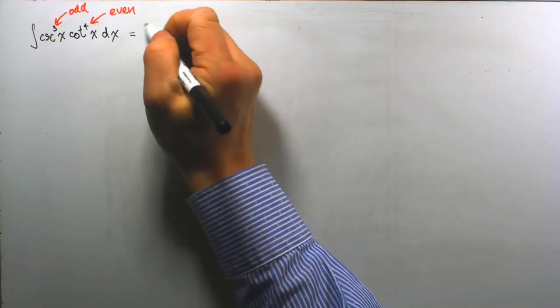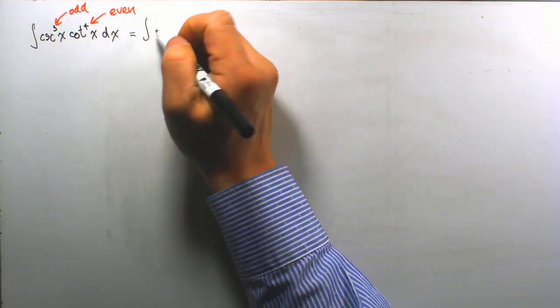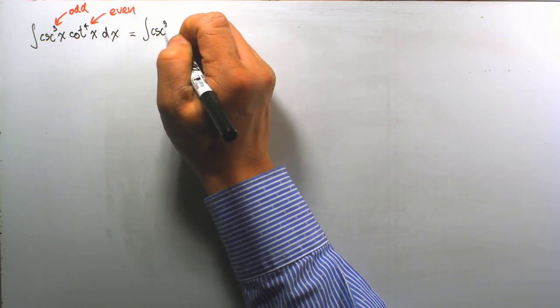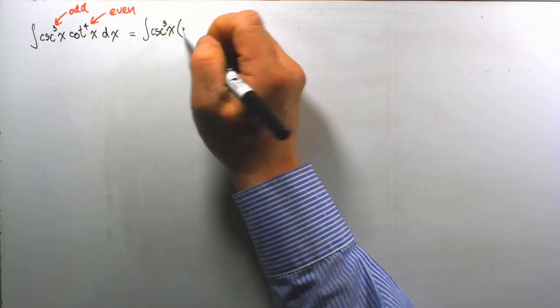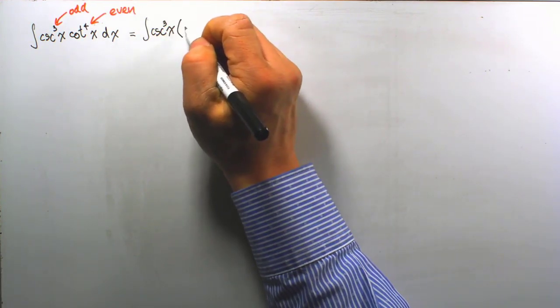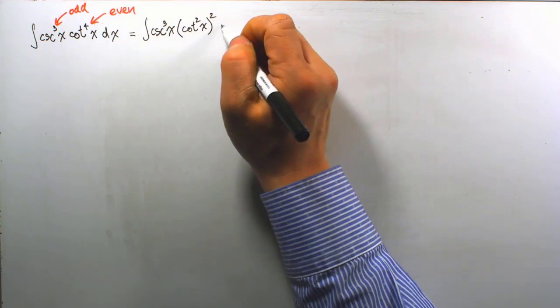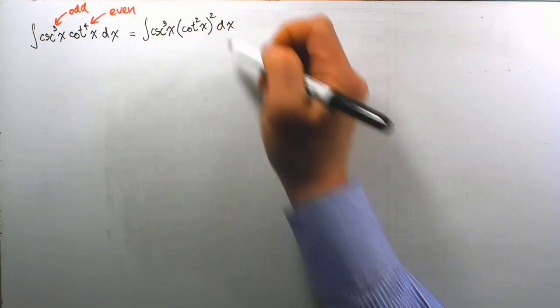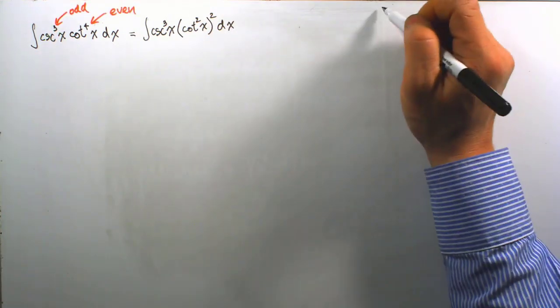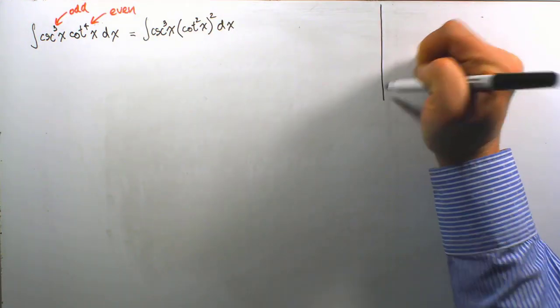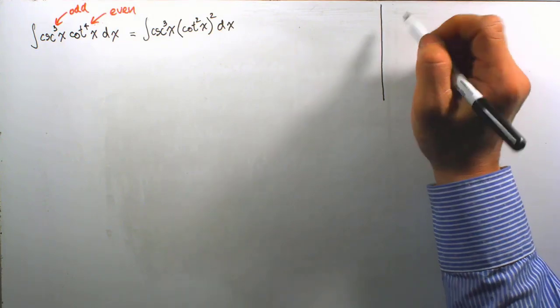And so I can rewrite my integral as cosecant cube of x times, in parentheses, cotangent square of x, all squared, and dx, with an identity that we have already known from trigonometry.